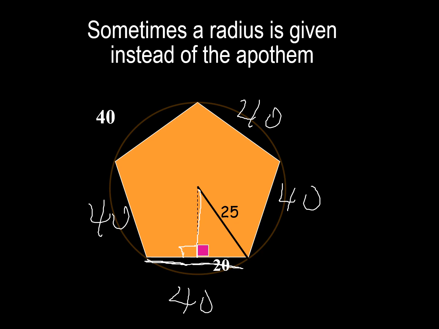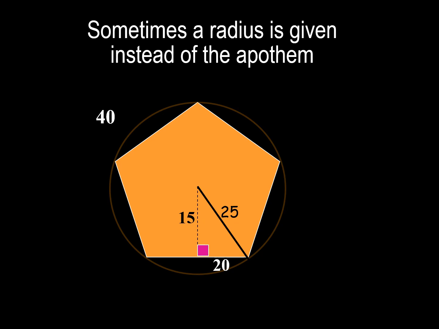So now, how do we find the apothem? Pythagorean theorem right there. And that works out to 12, I believe. No, 15. Not bad. So 15 for that side, and you can work it from there.